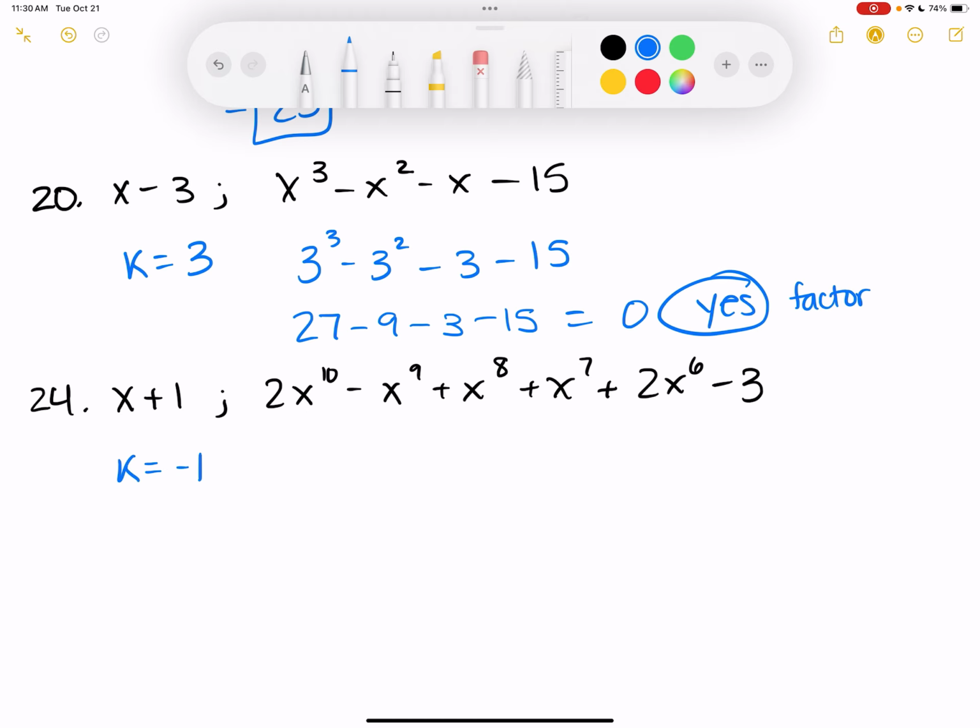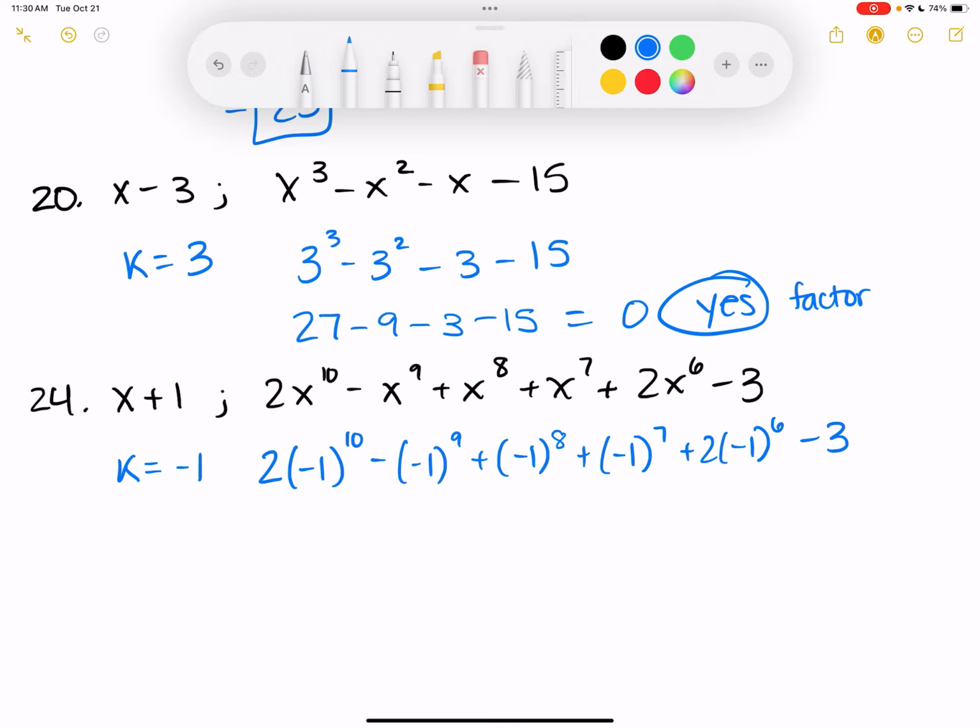All right, 2 times negative 1 to the 10th minus negative 1 to the 9th plus negative 1 to the 8th plus negative 1 to the 7th plus 2 times negative 1 to the 6th minus 3. All right, so we have negative 1 to the 10th.